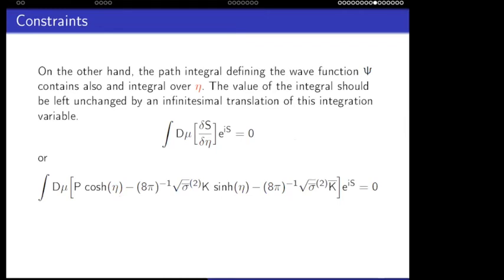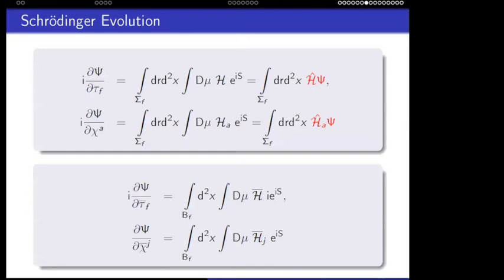Oh, I forgot to tell you something about this. This is in the bulk, and the barred quantities are defined on the boundary. So this is the boundary equation, the Schrödinger equation for the evolution of the wave function. What is important here is that for these quantities you can't do the same trick.